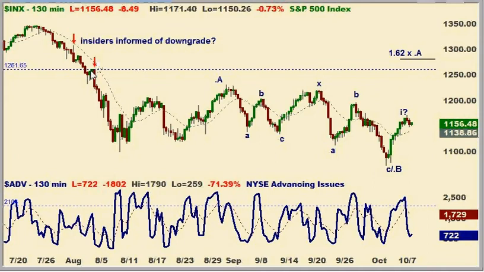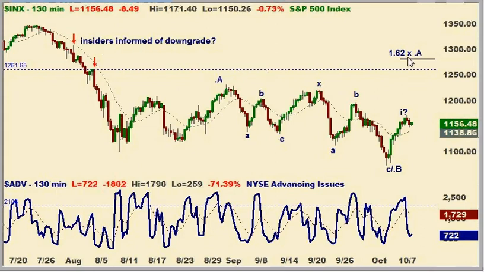The only question is not if they shared that information. They admit to doing so. It's a question of when. And like I say, it's right in this area here, probably between 1260 and 1280. And that also comes out to the 1.62 times A. So we'd have basically a retest of the apex of that old triangle at around 1280.